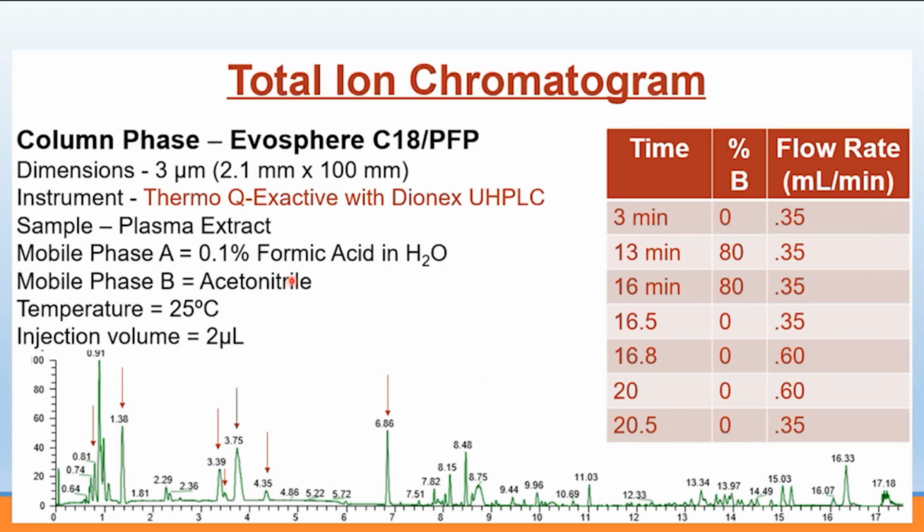This is just a simple formic acid and water in A and acetonitrile in B gradient with a 25 degrees Celsius temperature and a simple 2 microliter injection. Note that this is a plasma extract where we're doing protein precipitation to prepare that plasma extract for metabolomics. And these highlighted arrows are some of the metabolites I'll discuss in the next few slides.